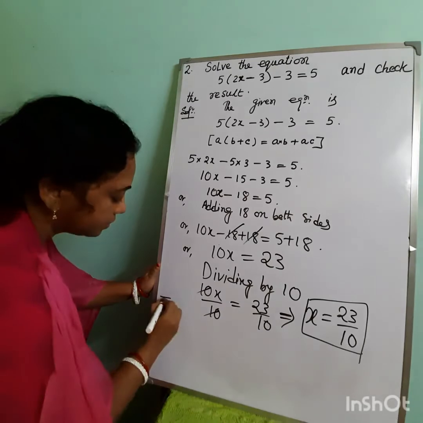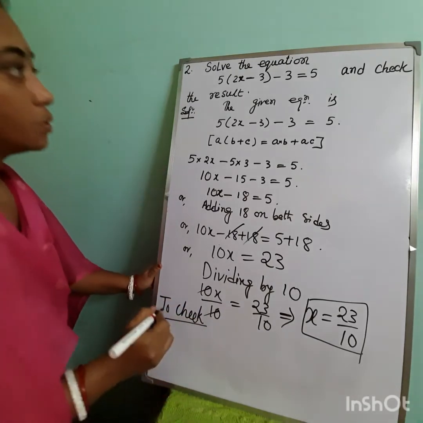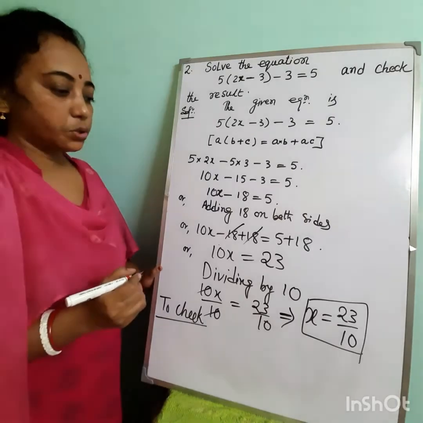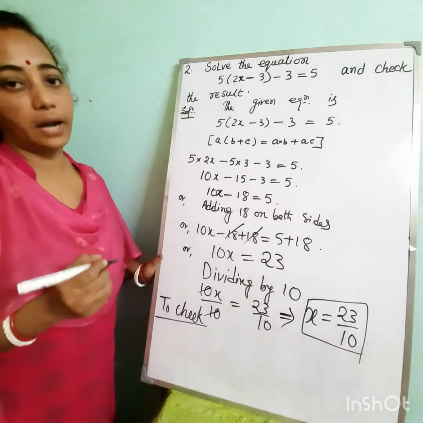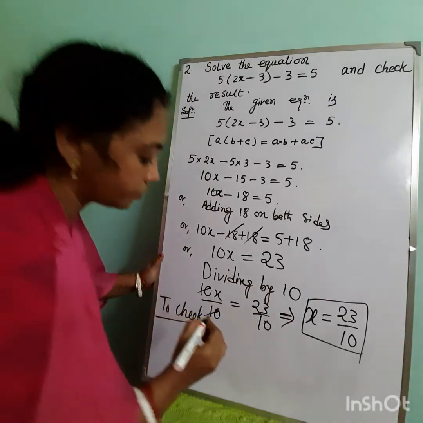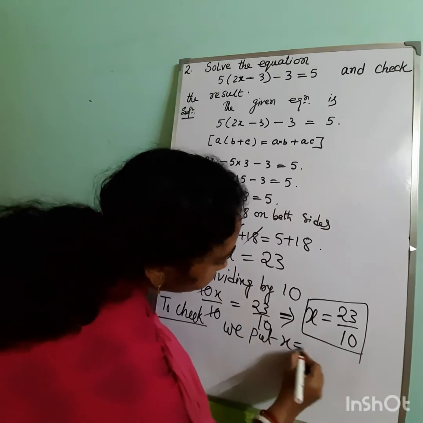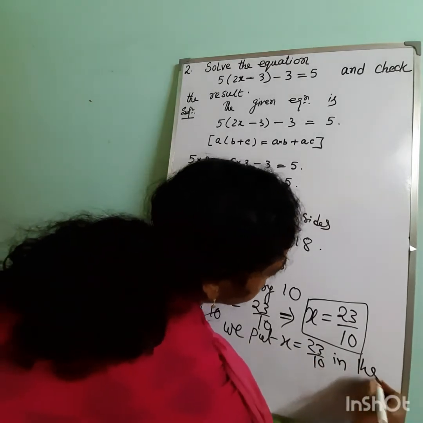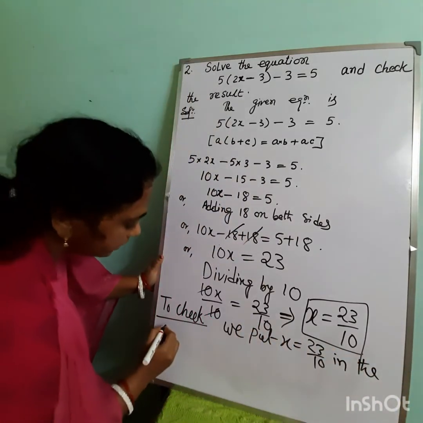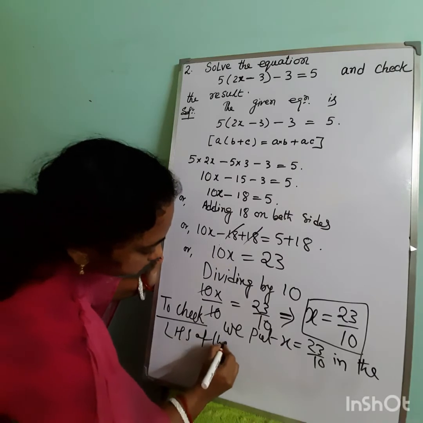So to check the result, we put x equal to 23 by 10 in the left hand side and right hand side of the given equation. The right hand side is constant, so we put it in the left hand side of the given equation.